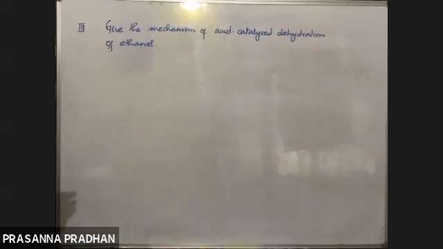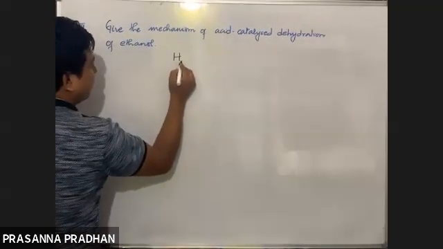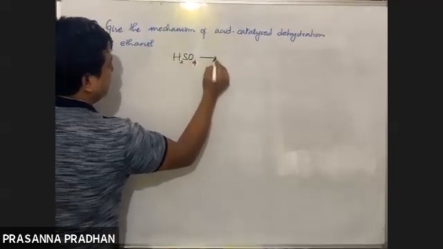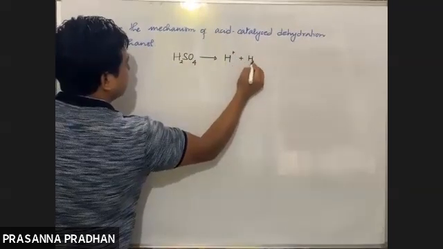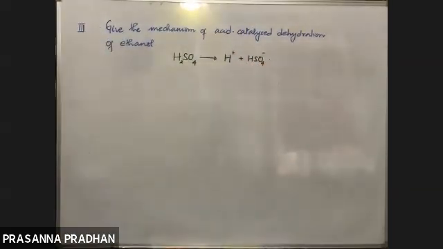अब देखो, how does the reaction occur? Now again we said here sulfuric acid acts as a catalyst. So it ionizes first to give H positive and HSO4 negative ion. Now let us see, what happens in step 1?